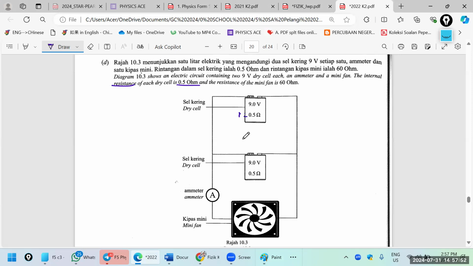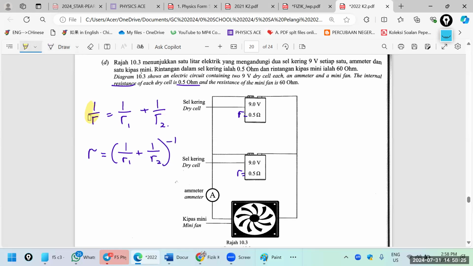So small r. And what is this connection? Series or parallel? Yes, parallel. So we use 1 over R equals 1 over R1 plus 1 over R2. And I advise you to write in this way: R equals (1 over R1 plus 1 over R2) to the power of -1.